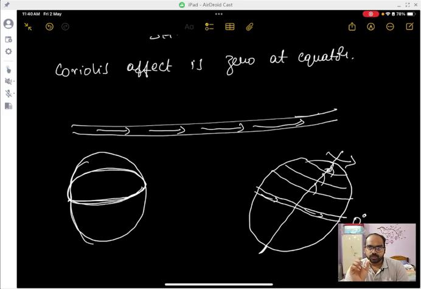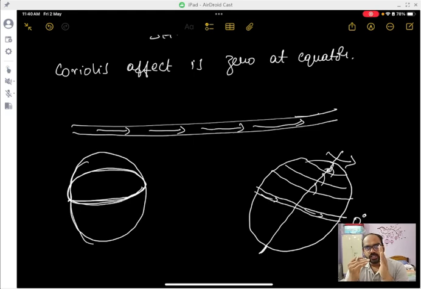According to rotation only, the objects in the equator move, because the rotational speed and the circumference are matching each other, because there is no tilt at the equator. No tilt at the equator, no sideways force, so no deflection, so no Coriolis force at the equator.